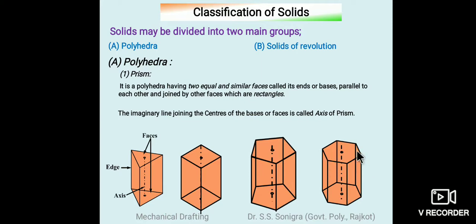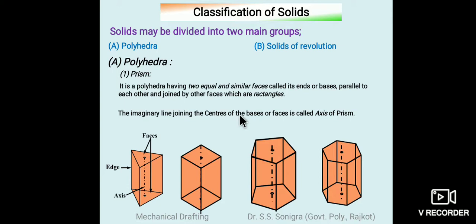Similarly, this is a hexagon. The straight lines by which these regular polygon bases are joined are called the edges. And this plane is called a face of this prism.